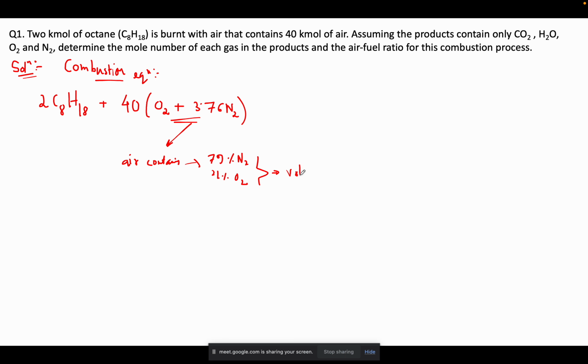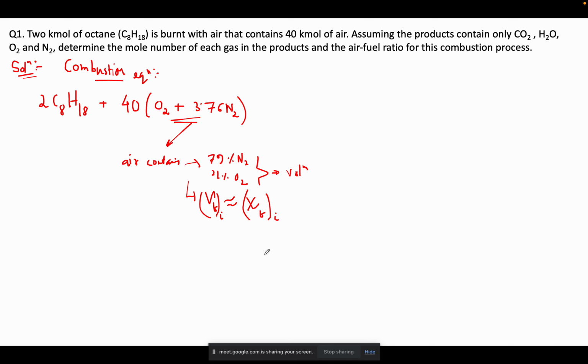Okay, so if you divide these two, and we also know that volume fraction corresponds to the mole fraction of any particular compound i. The volume fraction corresponds to the mole fraction.